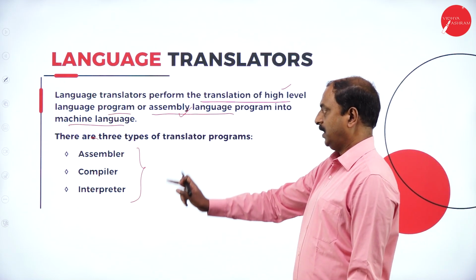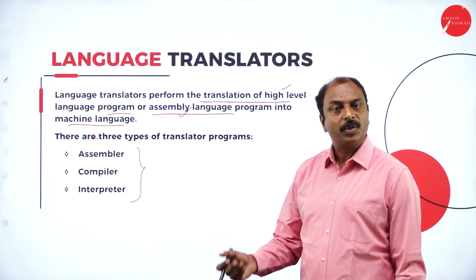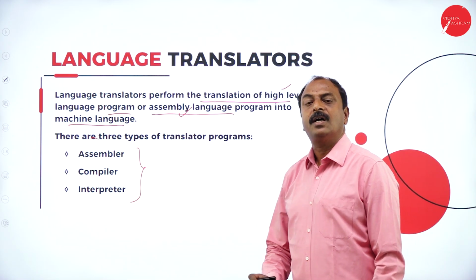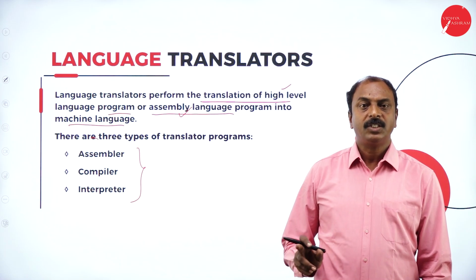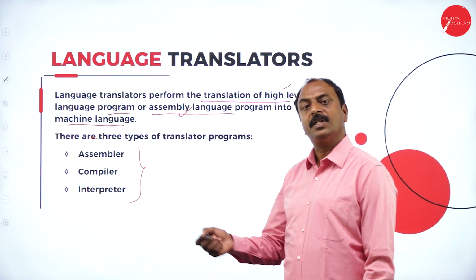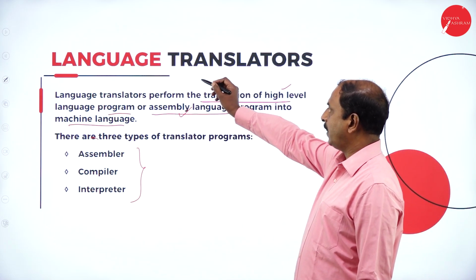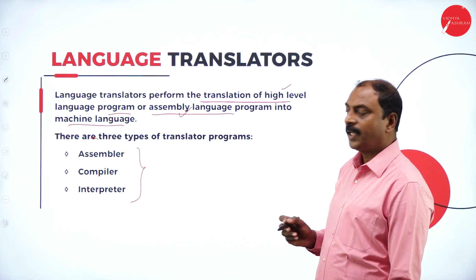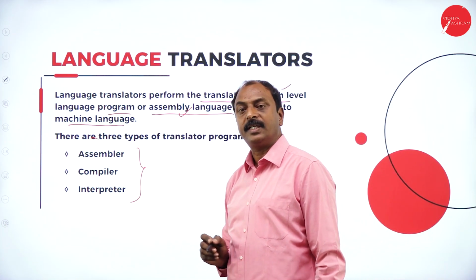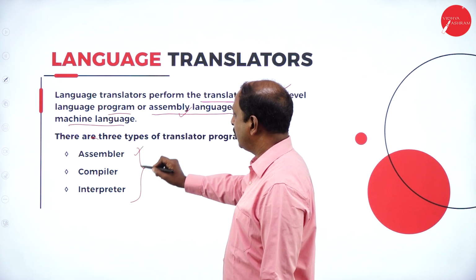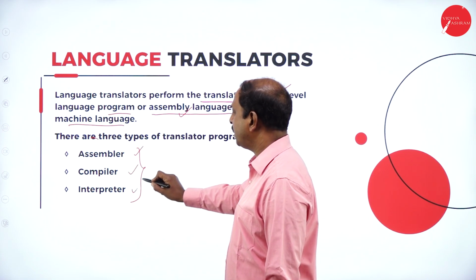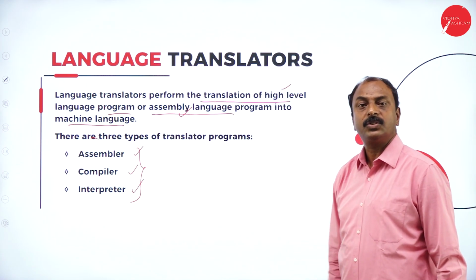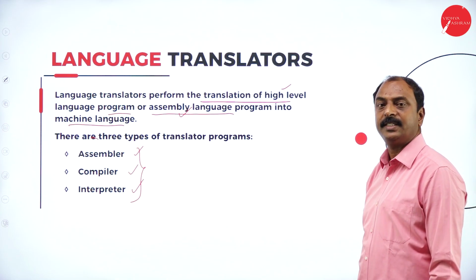Even if you write a program in high level language or assembly level language, it has to be translated to machine level language. There we use a language translator. There are three types of translators: assembler, compiler, and interpreter.